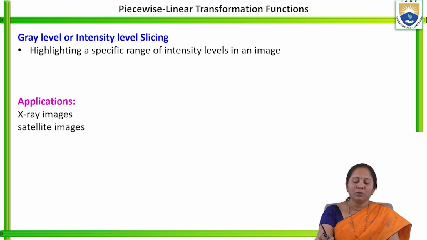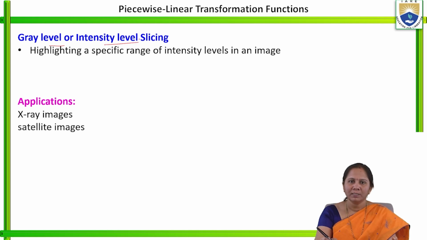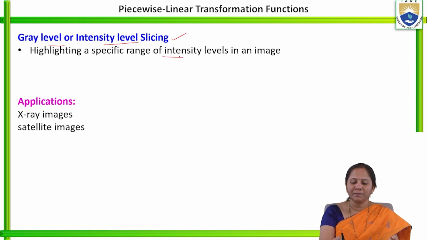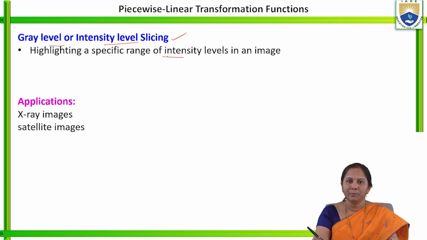Now, coming to the second transfer function, which is gray level slicing. Gray level slicing can also be called intensity level slicing. What is the purpose of this technique? It is going to highlight a specific range of intensity levels in an image. That means it highlights only a particular part of an image in which we are interested.